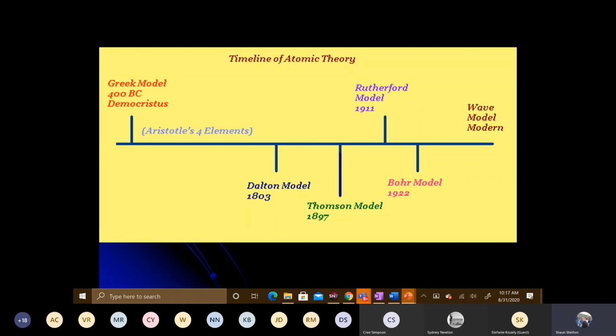Now, I do want to comment that alchemy was popular starting around the 1600s and on up to about 1800. The alchemists were trying to combine different elements to make precious elements like gold and silver.